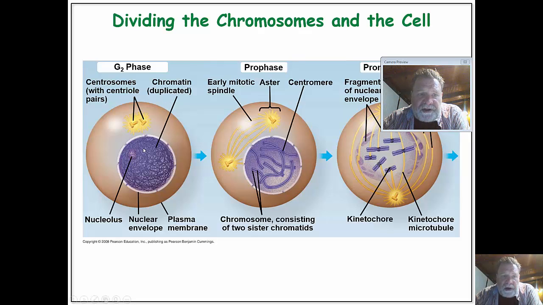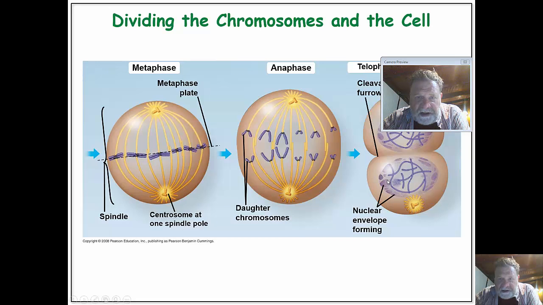You should know what's going on during interphase. Our chromatin is there during G2 phase. It is replicated during prophase. These chromosomes condense and come together, and you can start seeing the structures on them. During metaphase, the sister chromatids will line up on the axis of the cell, and then during anaphase they are being pulled apart, and you can see the daughter chromosomes that are there.